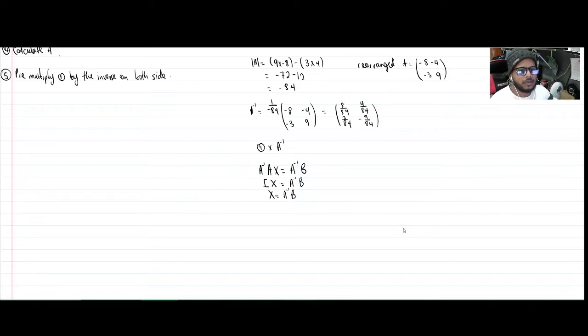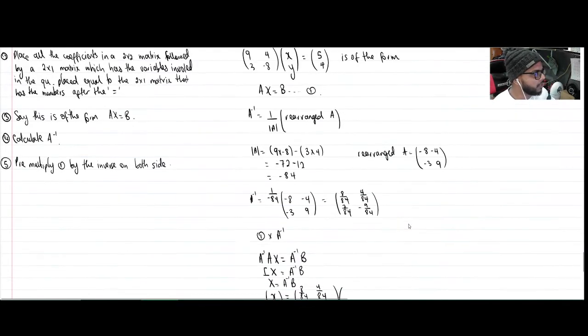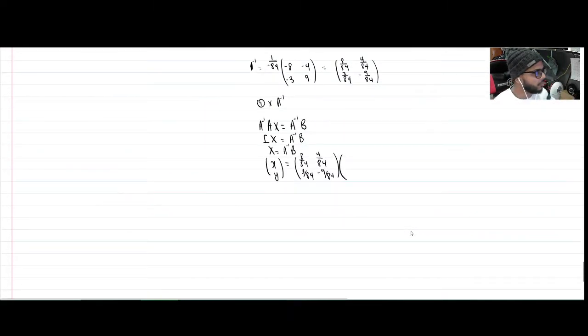Now it's just a matter of replacing X with what we had it as, XY. A inverse is 8 over 84, 4 over 84, 3 over 84, and -9 over 84, multiplied by the matrix B, which was 5, 4.